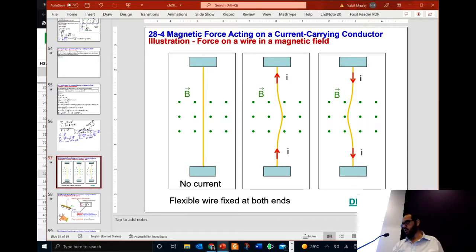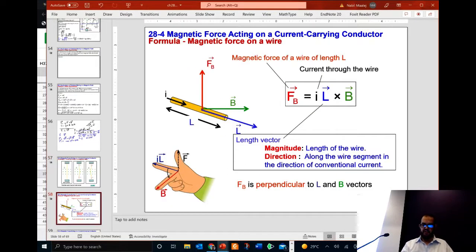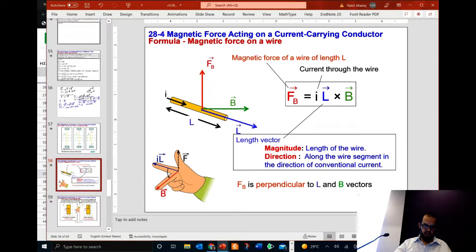Each of these charges is going to be subjected to a force, and so the whole wire will experience a force given by the equation F is equal to I L crossed with B. L is the length vector, which has the length of the wire and points in the direction of the current, and B is the magnetic field vector. Again, this is a cross product, and the magnitude of this force vector is just I L B sine of the angle between the two vectors.